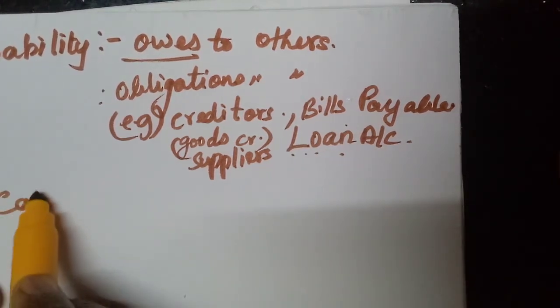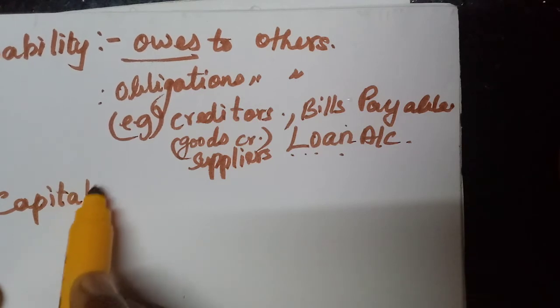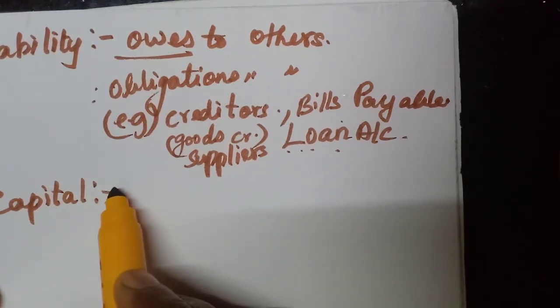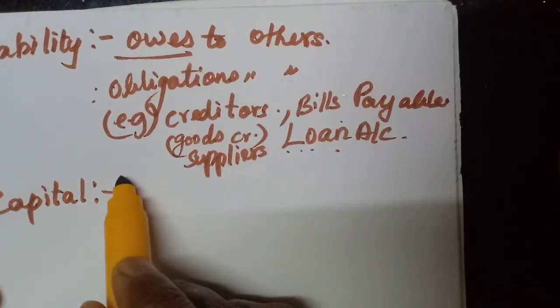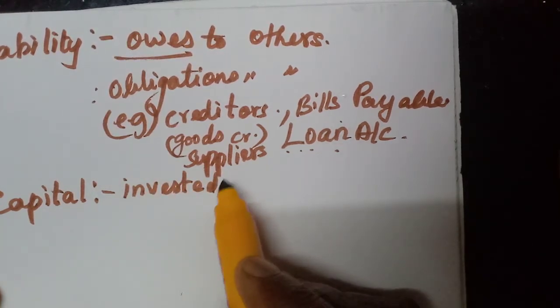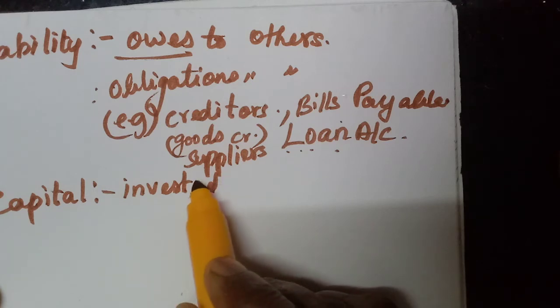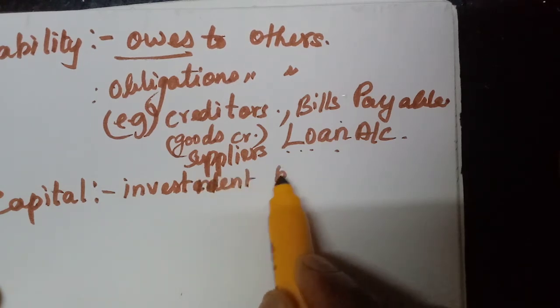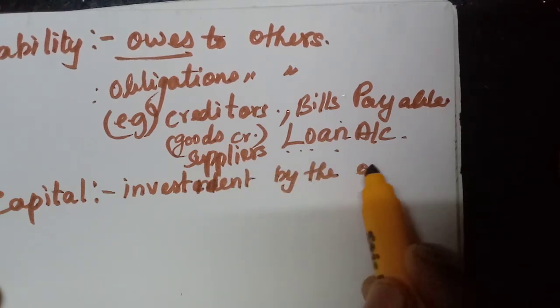Then the next one is capital. You know capital. What is capital? The amount invested by the owner in order to run the business, to start a business. Investment by the owner is called capital.